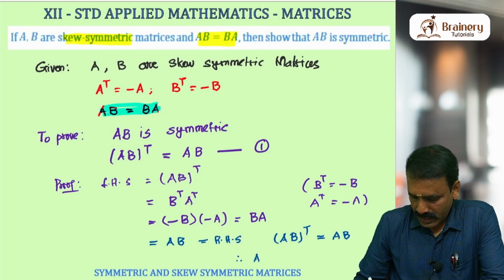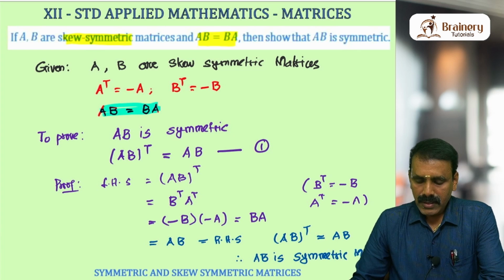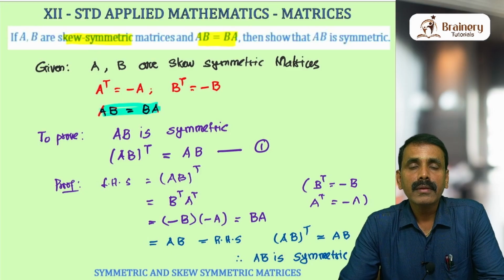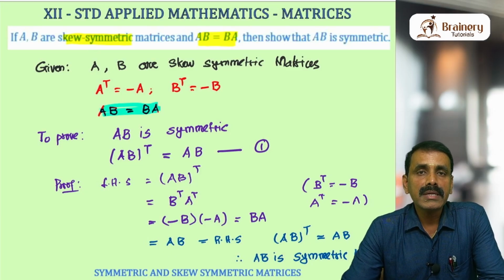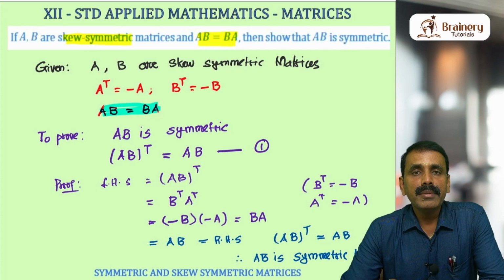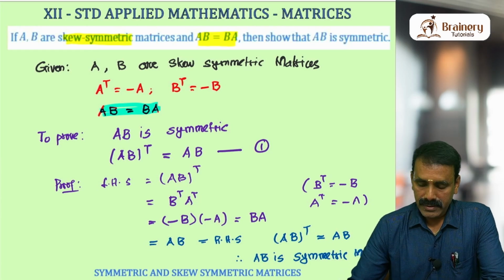Therefore, AB is a symmetric matrix. So in this part, A is a skew symmetric matrix, B is also a skew symmetric matrix, and we have the condition AB is equal to BA. In that case, the product AB is also symmetric. We proved it.